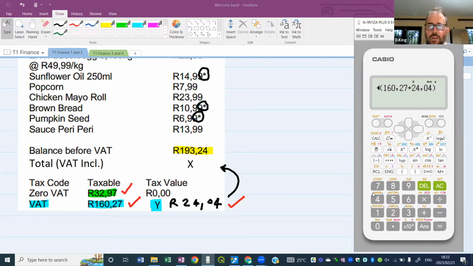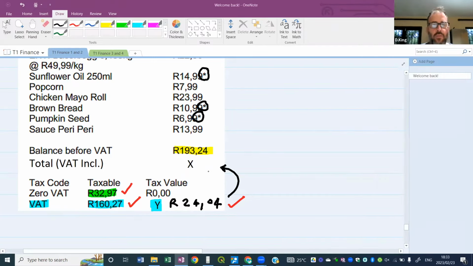So the 160 Rand 27 and 24 and 04 go together because the 24 and 04 is the VAT portion of 160 Rand 27. And all three of these together should give me an answer. Let's see what it is. There we go. 217 and 28. Okay.